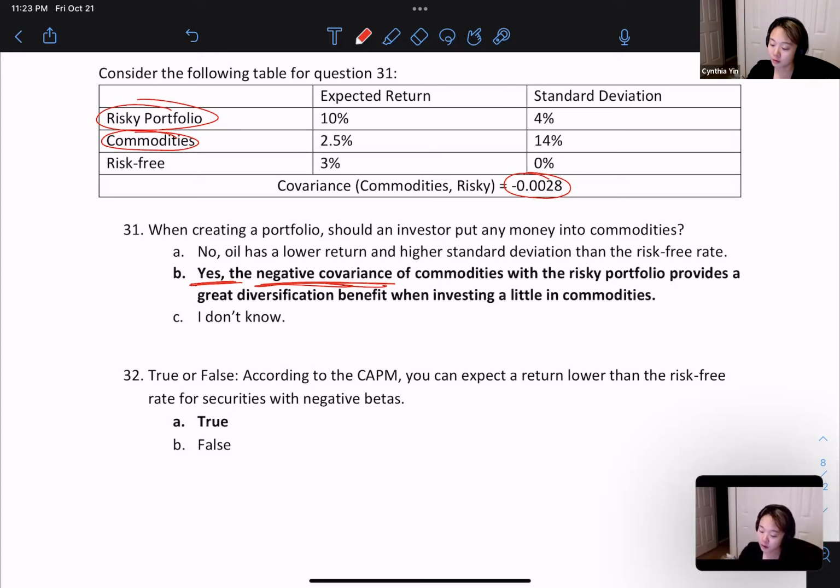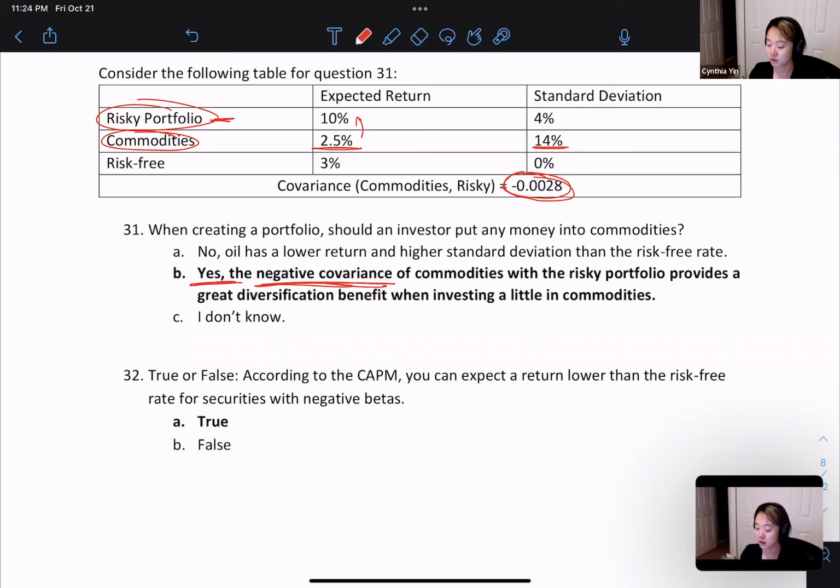So although here the commodity has a lower expected return and also higher standard deviation than the risky portfolio, so in terms of return and risk trade-off the commodities are terrible, because they have negative covariance, they can improve your portfolio Sharpe ratio to an even higher level compared to this risky portfolio only.